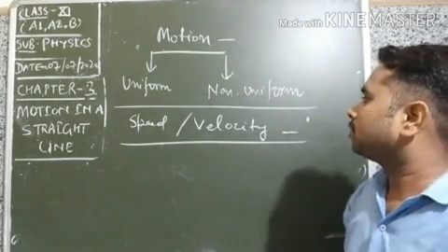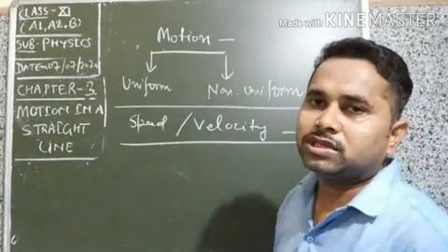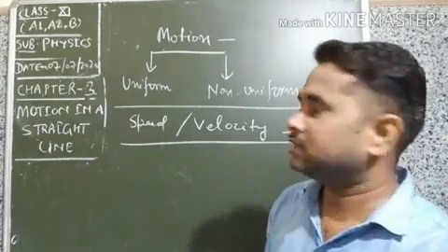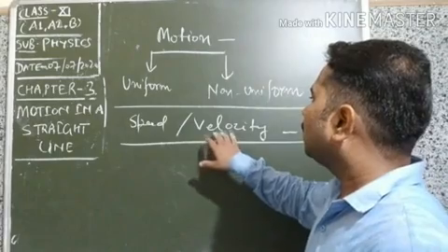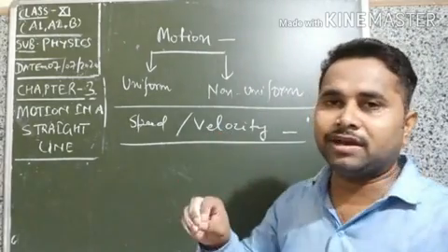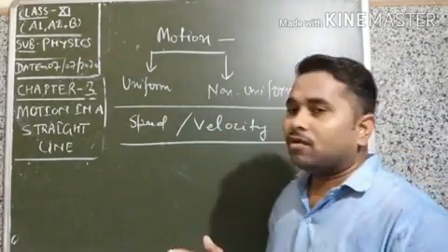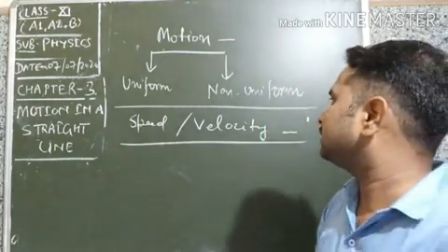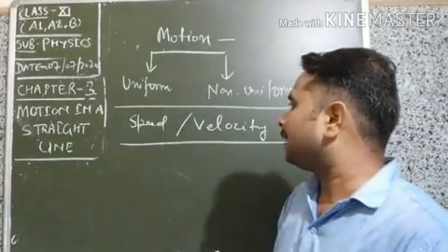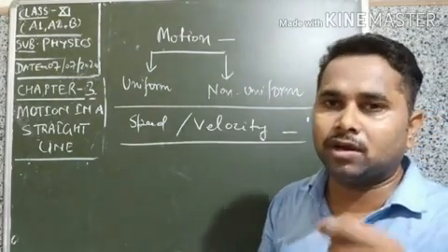And now what about velocity? Velocity is a vector quantity. Its SI unit is also meter per second. How will you define velocity? Velocity is the time rate of covering distance in a particular direction.